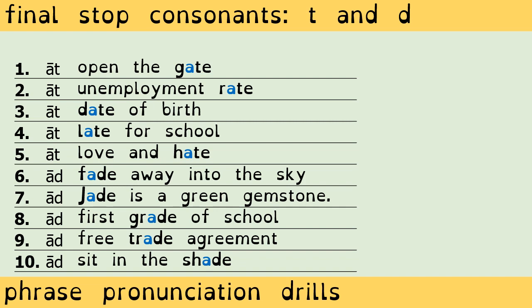Fade away into the sky. 7. Aid. Jade is a green gemstone. 8. Aid. First grade of school. 9. Aid. Free trade agreement. 10. Aid. Sit in the shade.